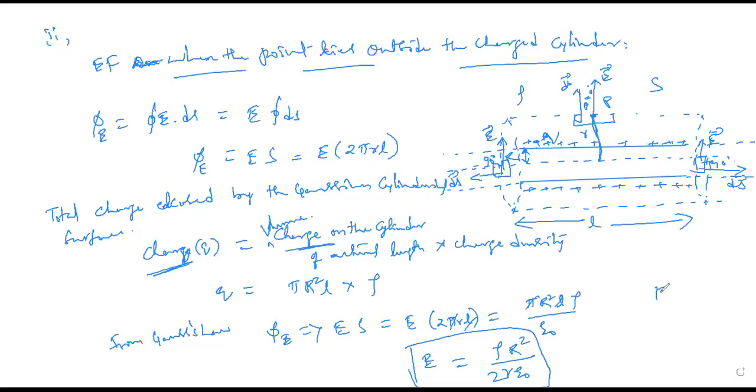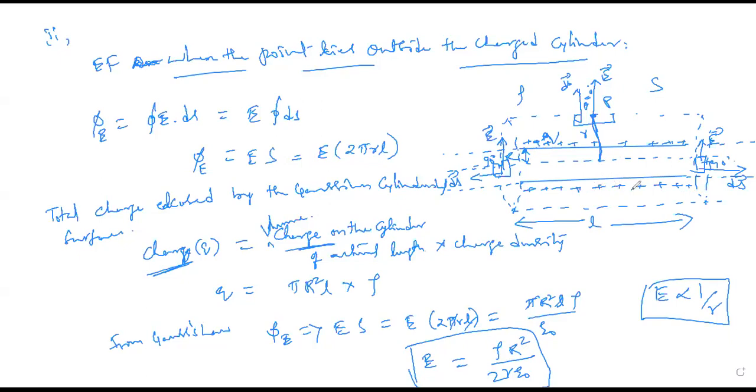So this is the electric field intensity when the point lies outside the cylinder. Here the electric field intensity is inversely proportional to the small r. This expression shows that the electric field at a point outside the cylinder is directly proportional to the capital R, the radius of the cylinder, and inversely proportional to the distance of the point from the axis of the cylinder.